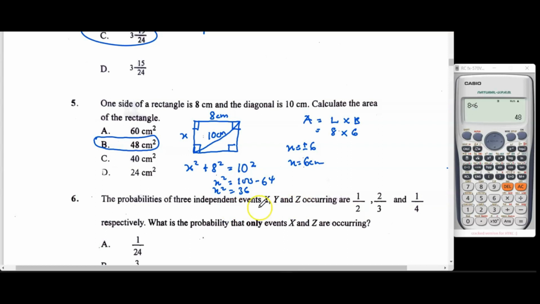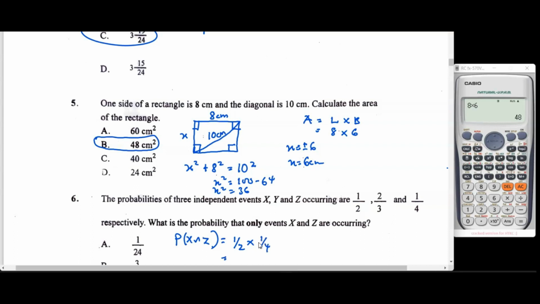So we are being asked to determine the probability that events x and z are the only ones occurring, so we are looking at event x multiplying event z to get the answer. The probability of event x is 1 on 2 and event z is 1 on 4.